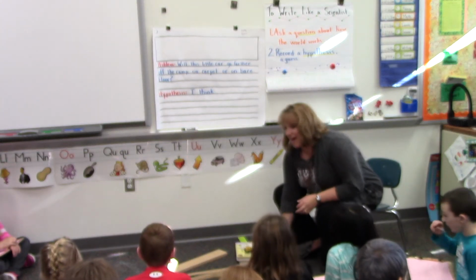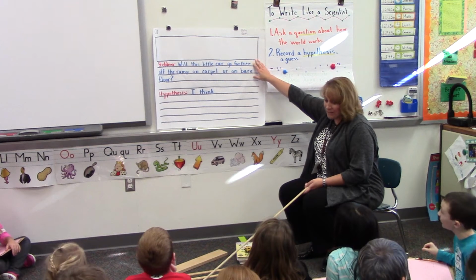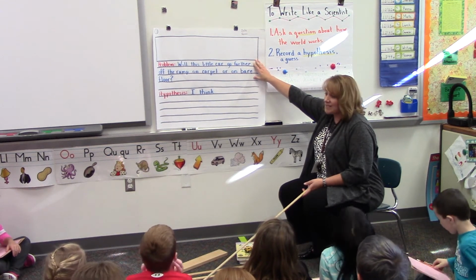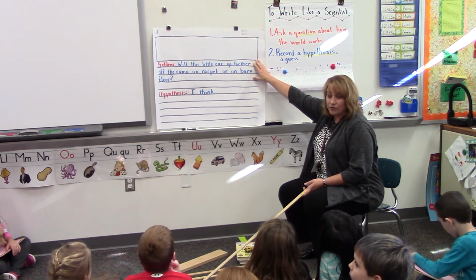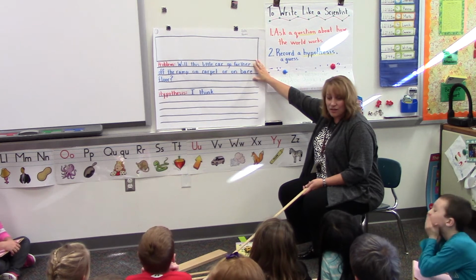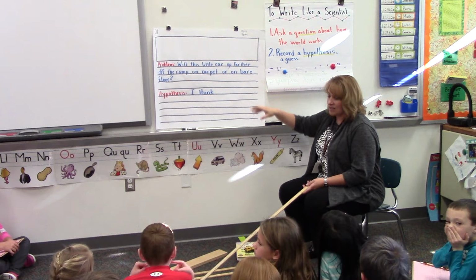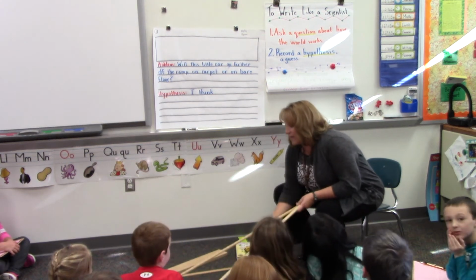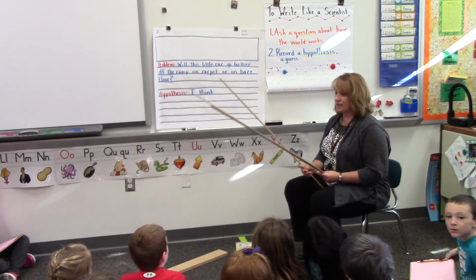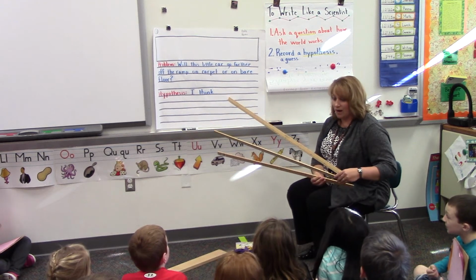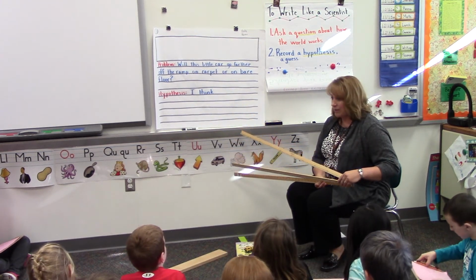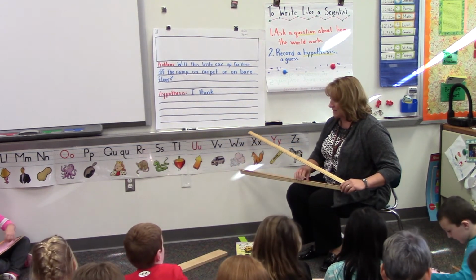Okay, now in that box, there's this nice big box because also as scientists, we need to draw pictures, okay? So that we know that we are doing everything exactly like the experiment tells us. So we have 3 meter sticks. So I'm going to have you draw in your box 3 meter sticks.